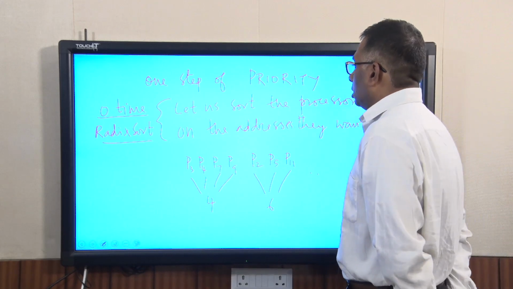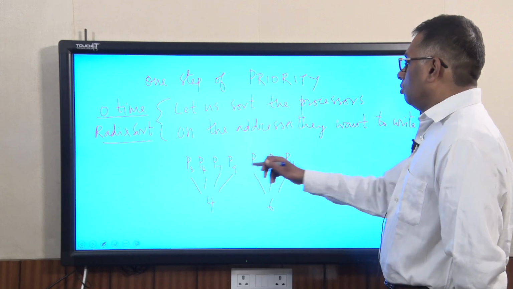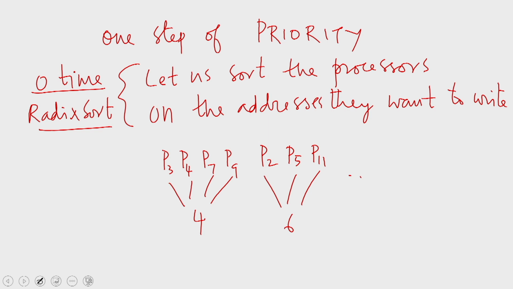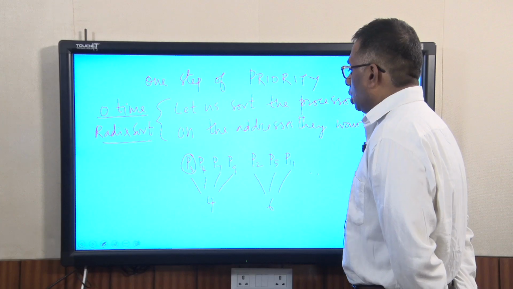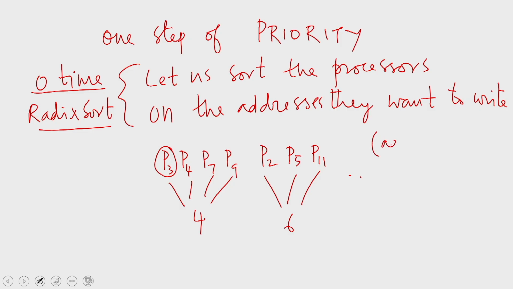So what we assume is that the processes are all sorted on the address into which they want to write in this fashion. Now all the processes that want to write in location 4 have come together. All we have to do is to pick the smallest among them. In fact, if we had sorted on the ordered pair, which is the address and the processor number, then we would have the processors in the increasing order of their indices.